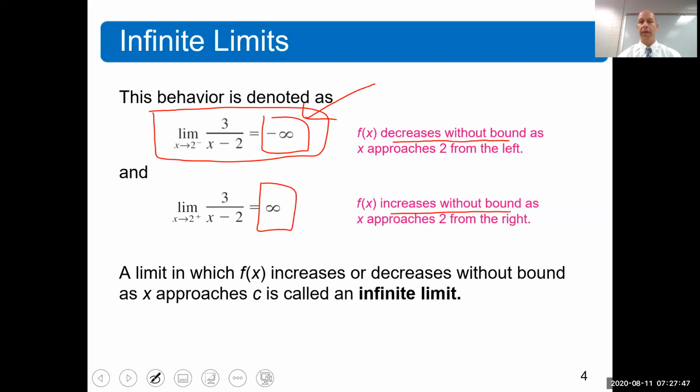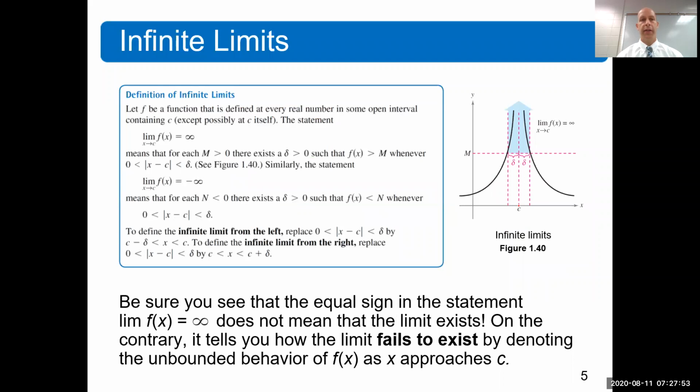A limit in which f of x increases or decreases without bound is called an infinite limit. Now, this is a very challenging looking definition, but here's basically what you need to know. The definition of an infinite limit: let f be a function that is defined on every real number in some interval containing c, except possibly c itself.